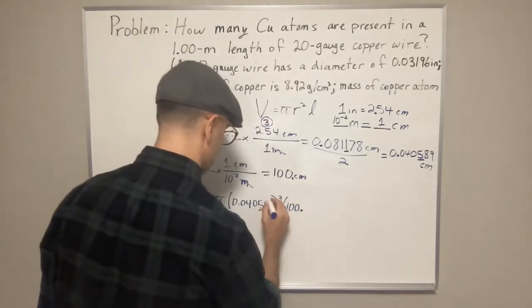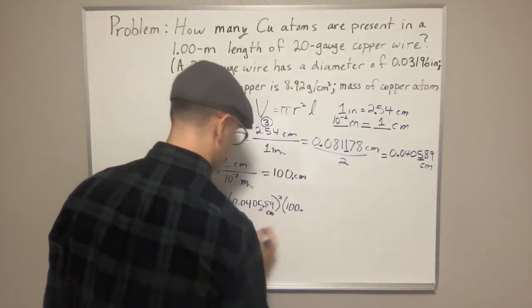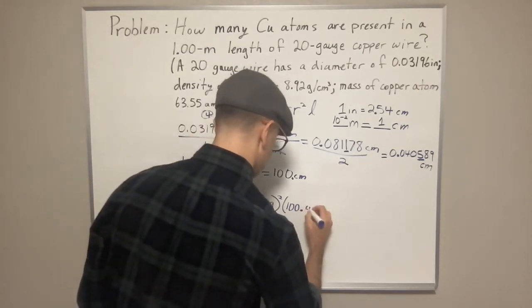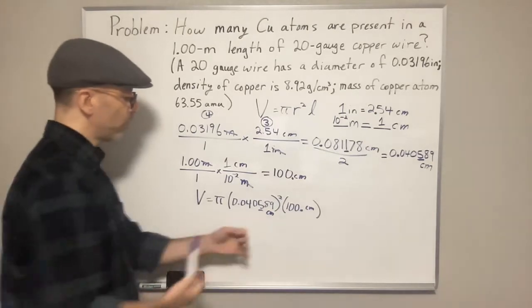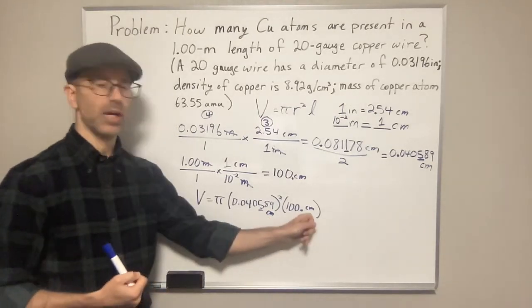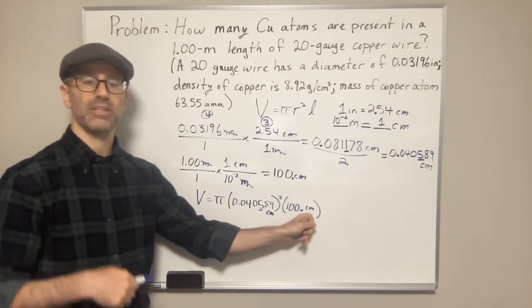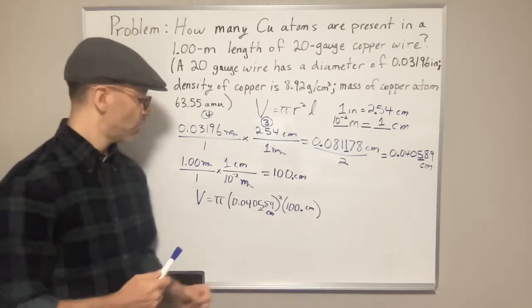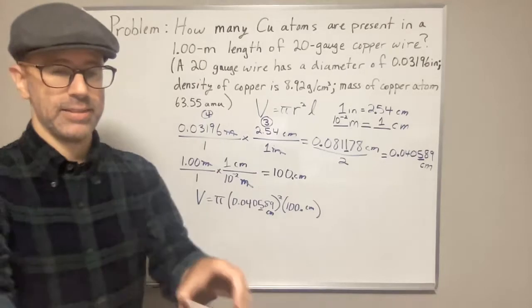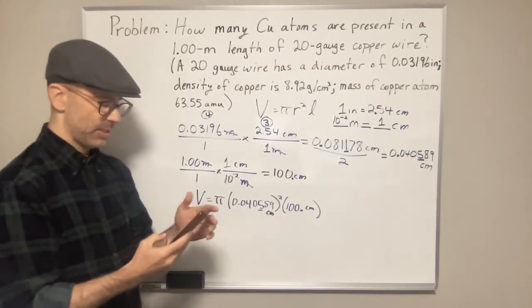Oh, I should never forget, I got centimeters here and centimeters here. So you'll notice right away that I got centimeters squared multiplied by centimeters. That's going to give me centimeters cubed, which is a volume unit. So I'm good.